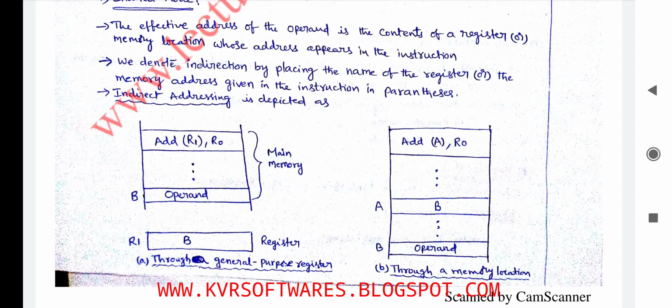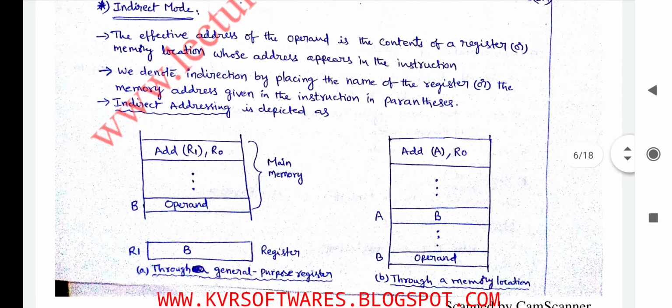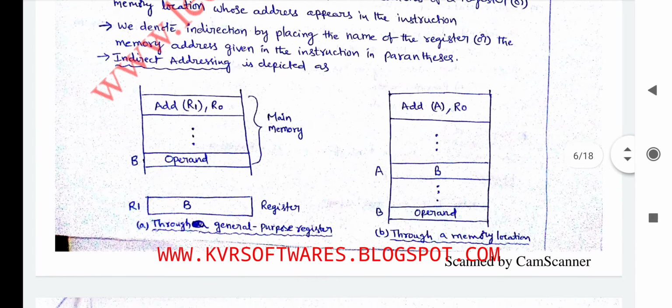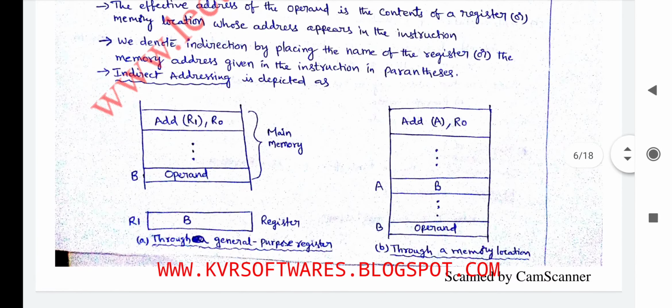Indirect addressing mode means you are giving the address where the content is stored in another location. It's just like pointer variables you are representing with.